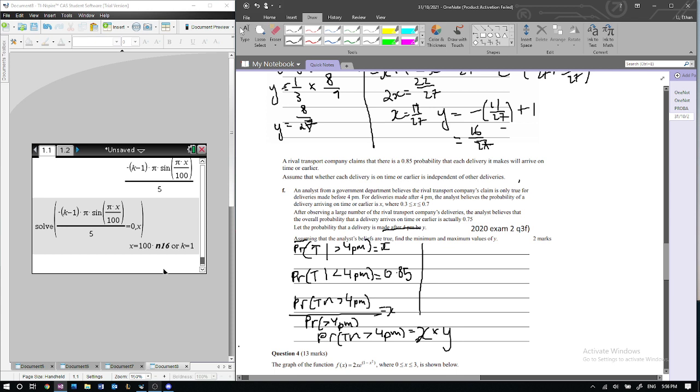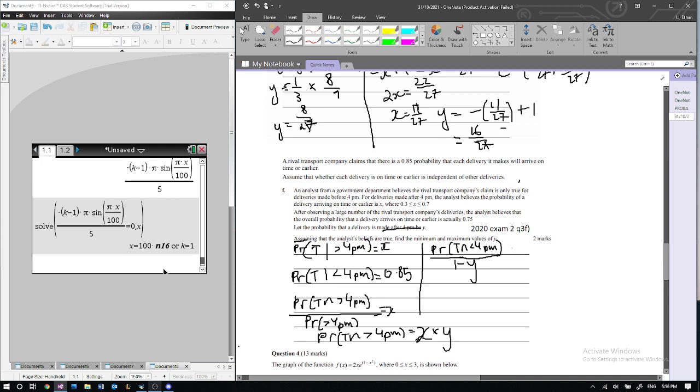And then the second equation, the probability of T given before 4 p.m. is 0.85. Let's write it out. P(T and before 4 p.m.) over the probability that it's before 4 p.m., so it's 1 minus y, because we know that when two opposite events add together, it equals 1.